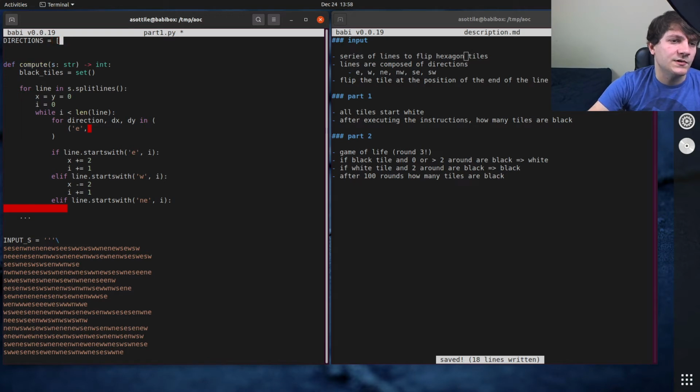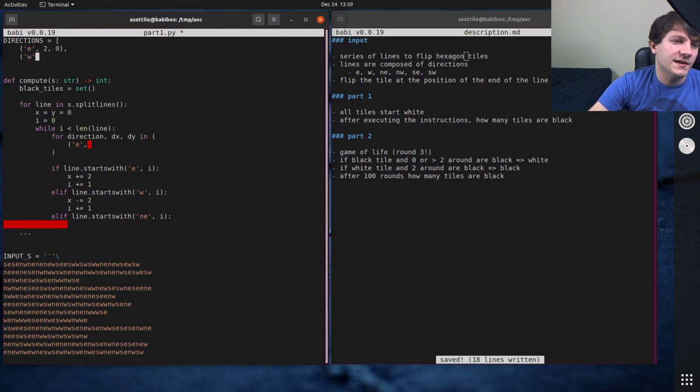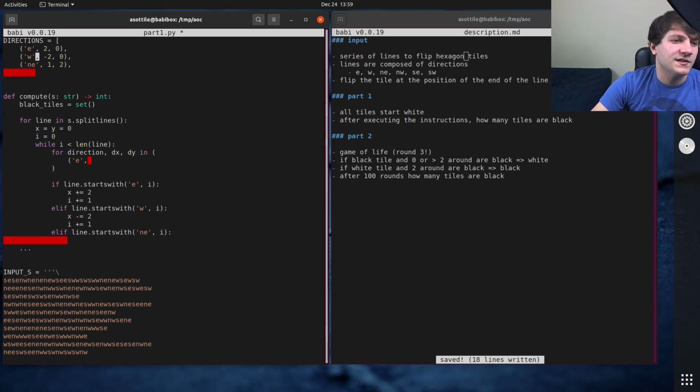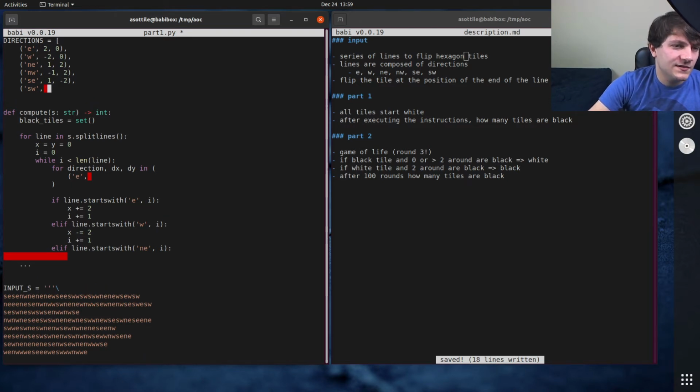Directions equals east, which is going to be 2 and 0. We have west, which is -2, 0. We have northeast, which is 1 and 2. This is dx and dy. Northwest, which is -1 and 2. Southeast is going to be 1 and -2. And southwest is going to be -1, -2.